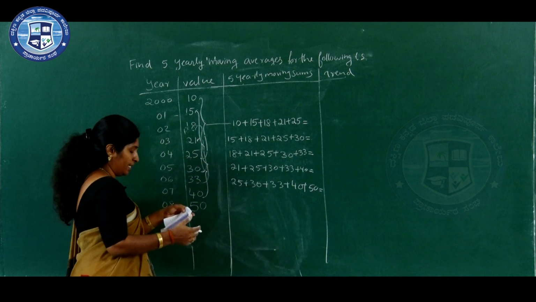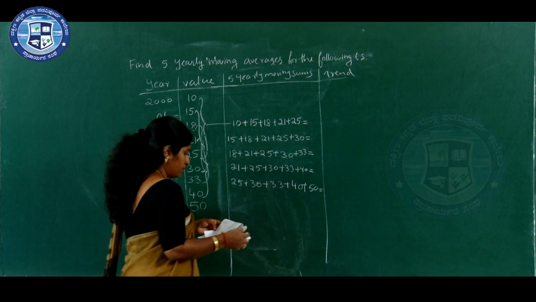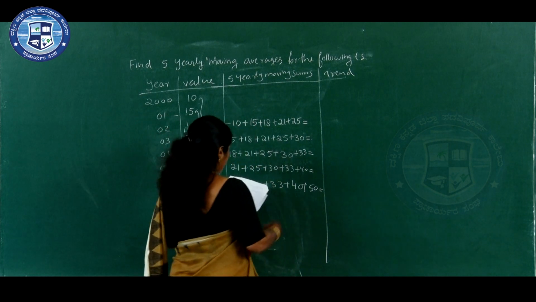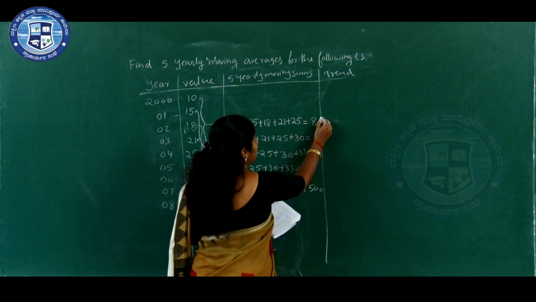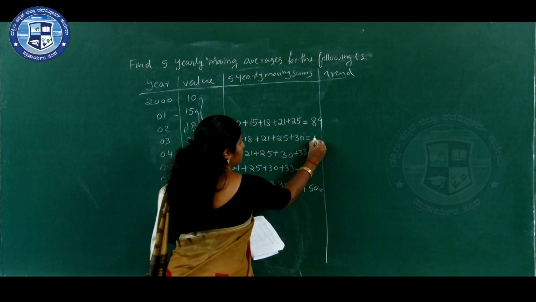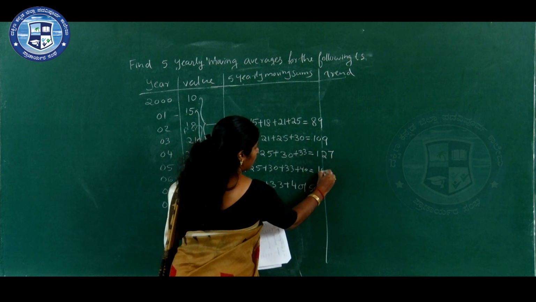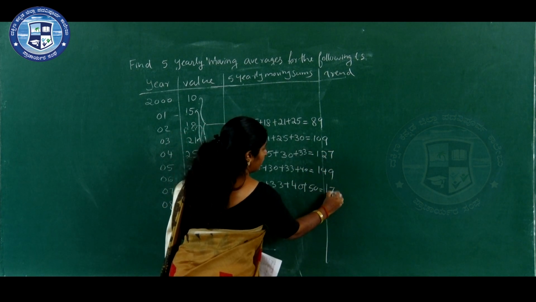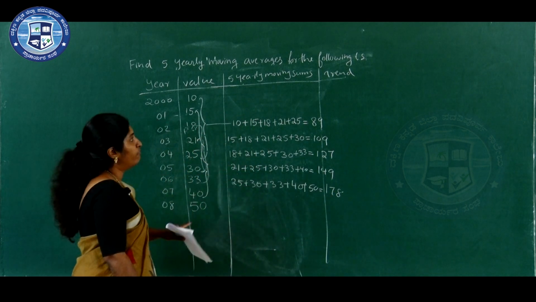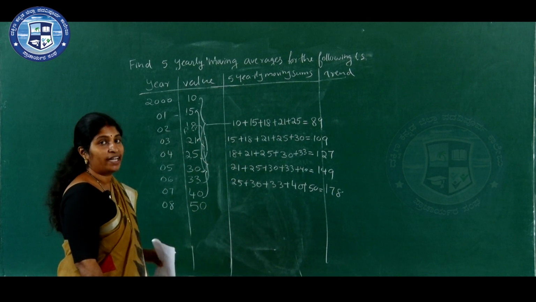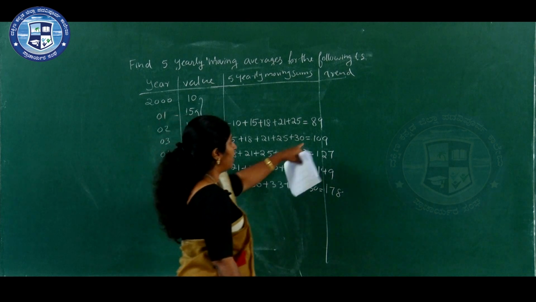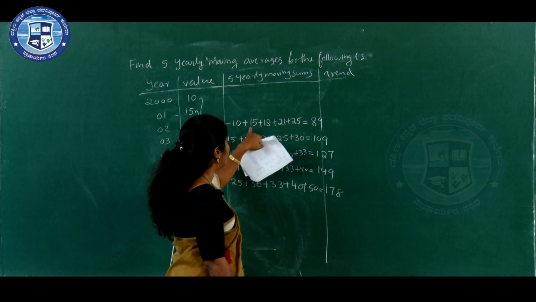Now find the total. The first one is 89 and second 109, 127, 149 and 178. Now find the trend values. How to find trend values? We have to divide by 5, since you are considering 5 values here.